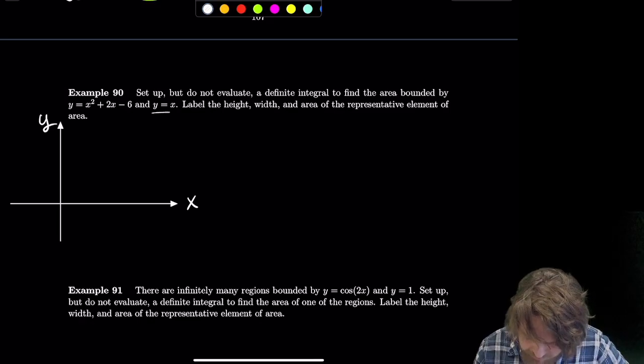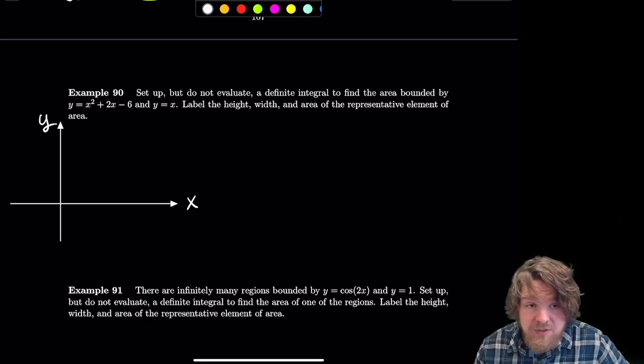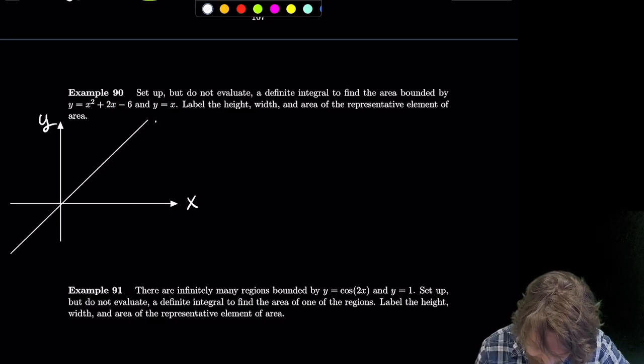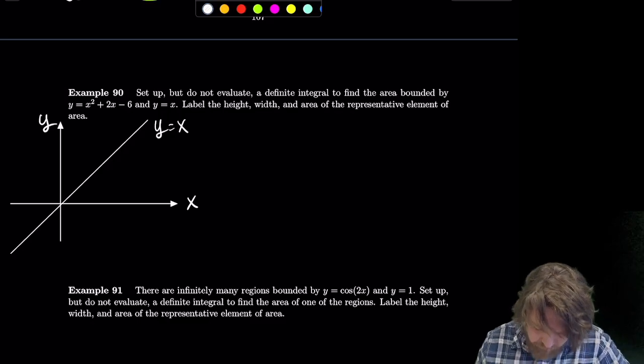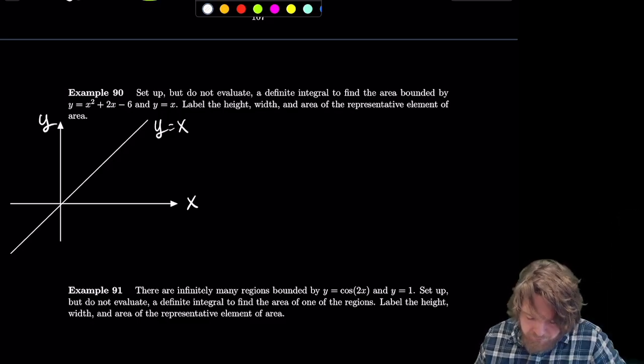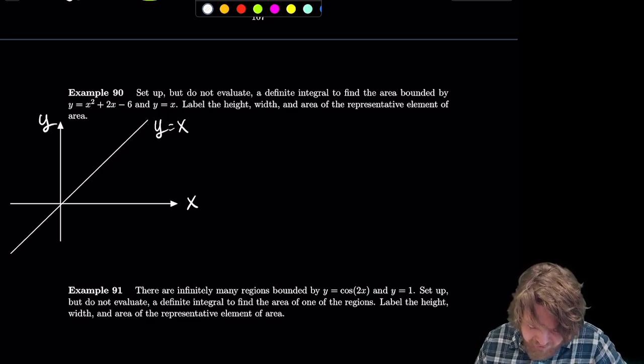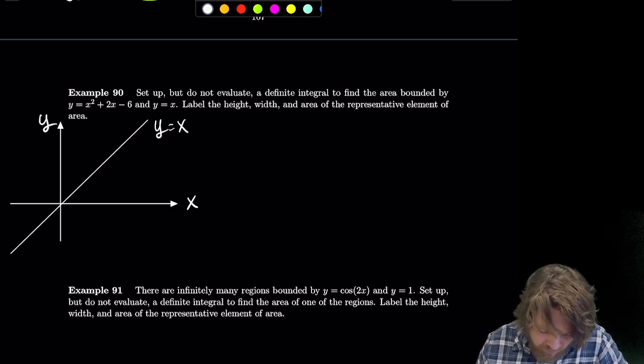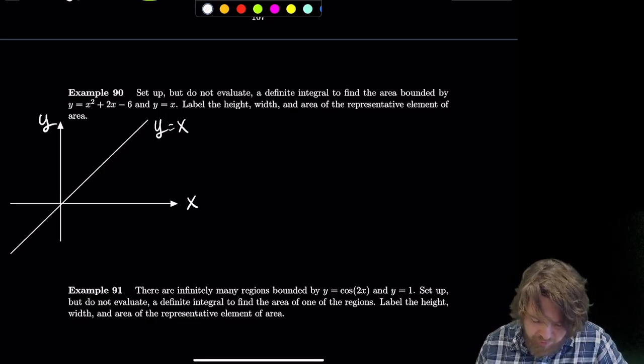The function y equals x, I think that should be pretty easy for us to sketch. So let's go ahead and sketch that. So here is y equals x. The next piece that I am looking at is this x squared plus 2x minus 6. Well, I know that that's going to be a parabola.